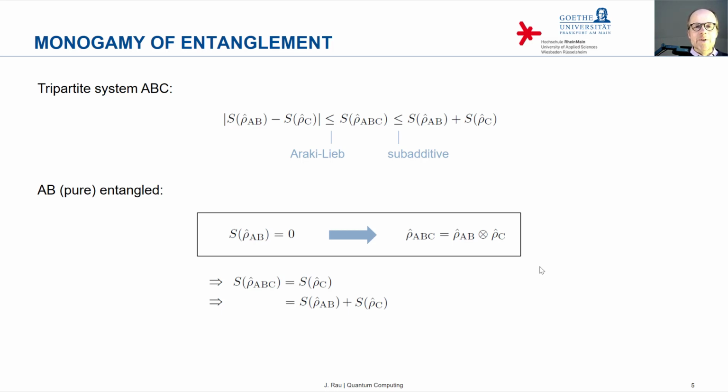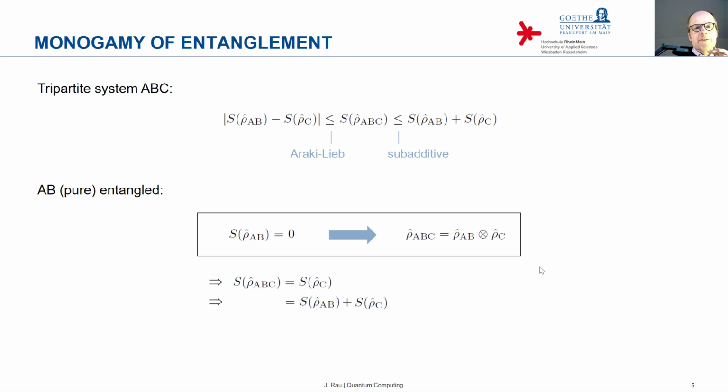Entanglement is monogamous in the sense that only two systems can be entangled with each other, and it's impossible to add a third system which is also entangled with the first two or with one of them. Whenever two are entangled and you add a third system, this third system cannot be correlated in any way with the first two. So you cannot also have entanglement with the third one, not even classical correlations.